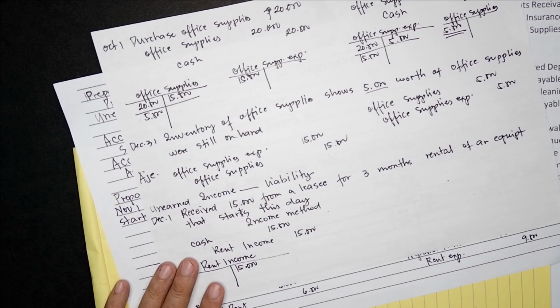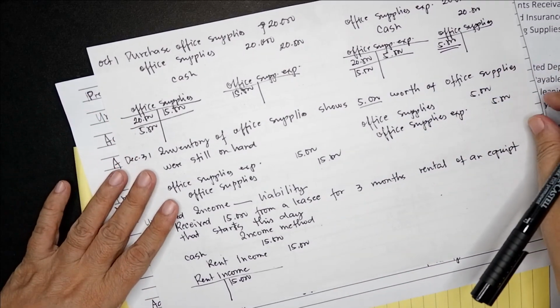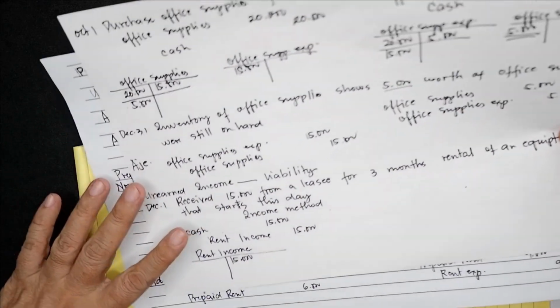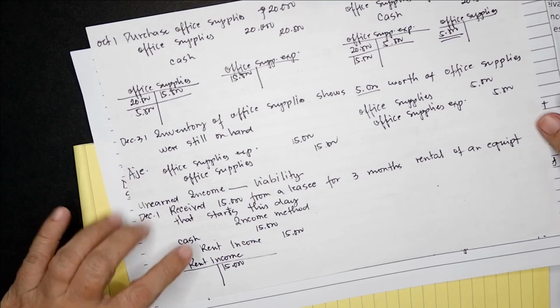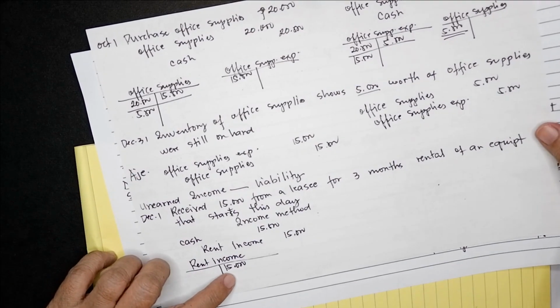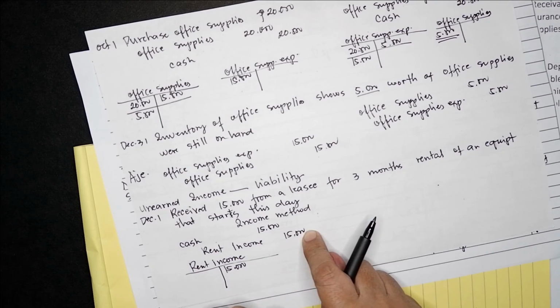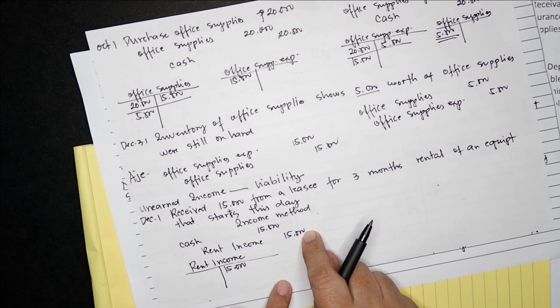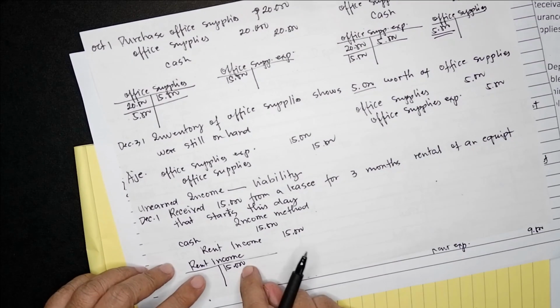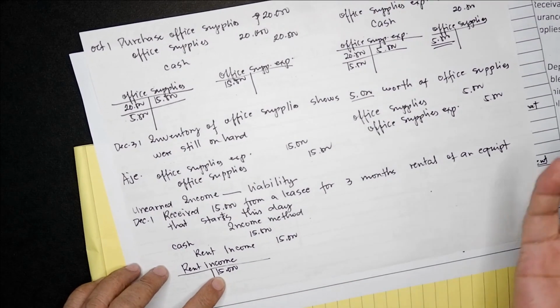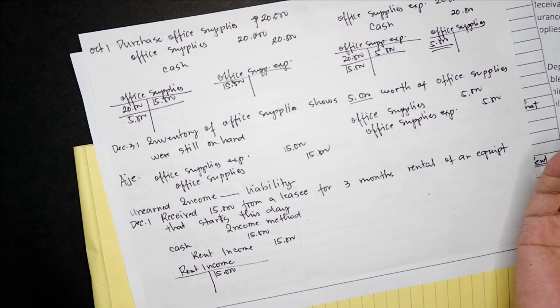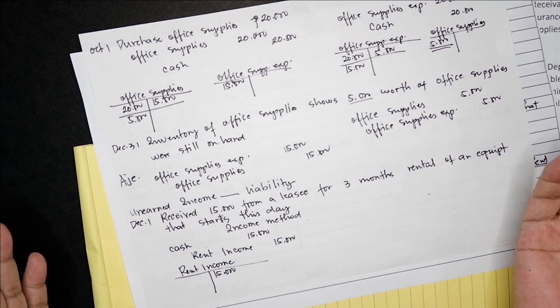So when we prepare our trial balance on December 31, the amount that we're going to see for rent income is 15,000. But again, this 15,000 is a mixed account that is partly income and partly liability. Out of the 3 months, how much is our income?